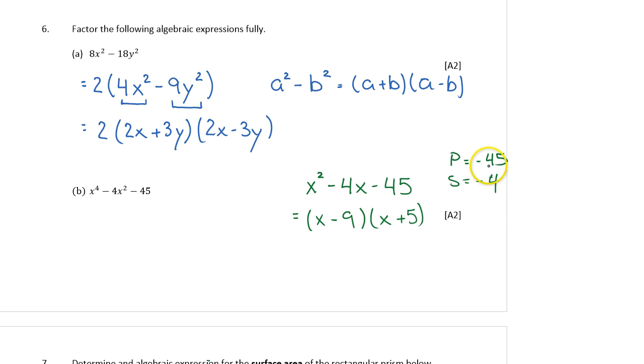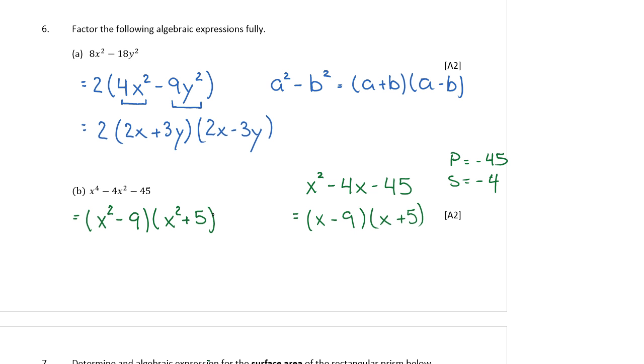Right, because two numbers that multiply to be negative 45, but add to give me negative 4 would be negative 9 and 5. So this question here factors in the exact same way, but instead of writing x, I write x squared. So I'm going to have x squared minus 9, x squared plus 5.